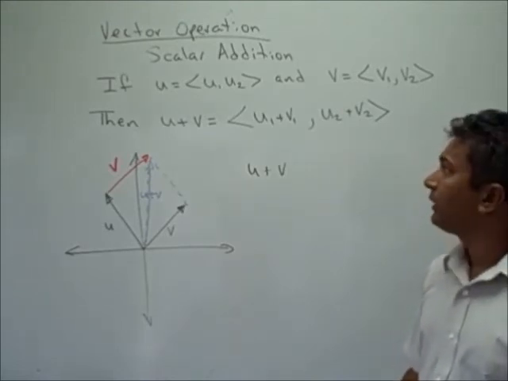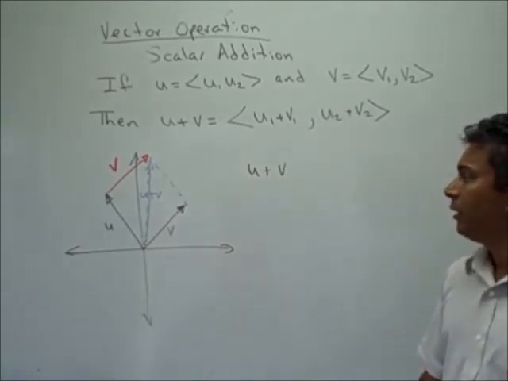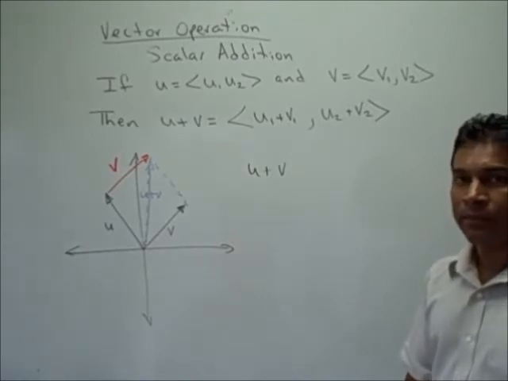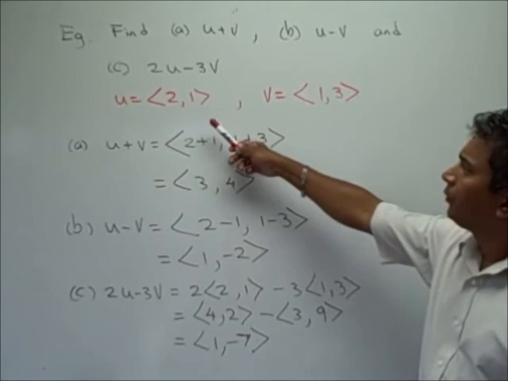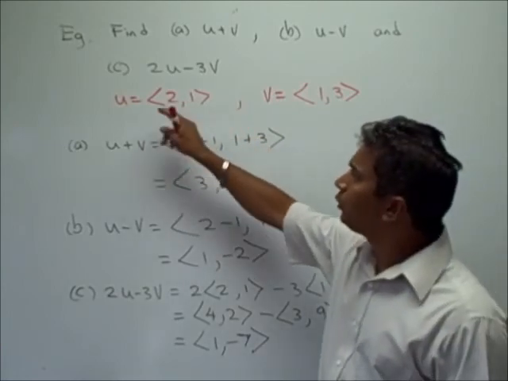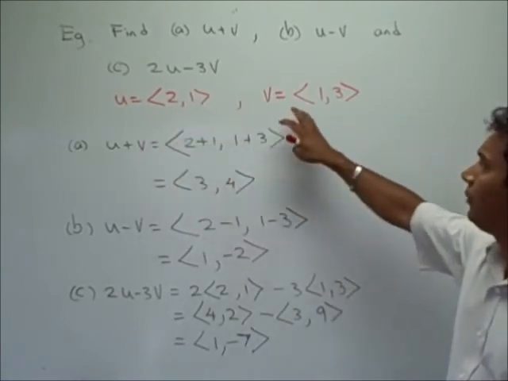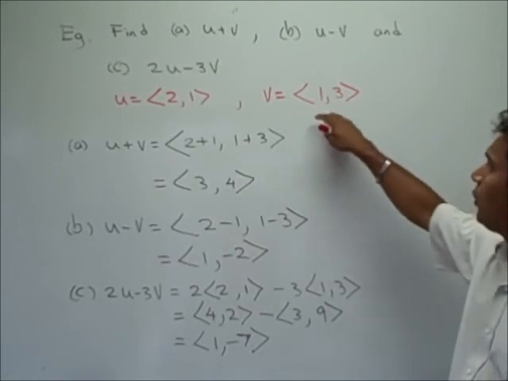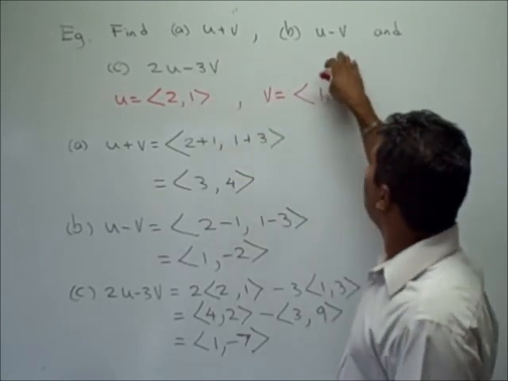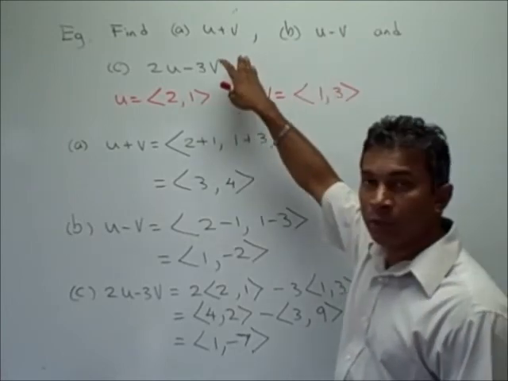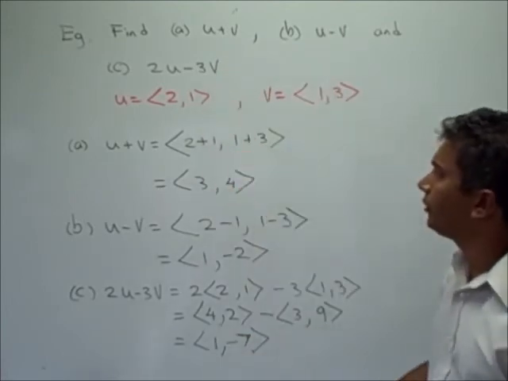Now we'll look at a couple of examples demonstrating this and our scalar multiplication. Here we're given two vectors u and v, where u is equal to (2, 1) in its component form, and v in its component form is equal to (1, 3). We're asked to find u plus v, u minus v, and also 2u minus 3 times v.